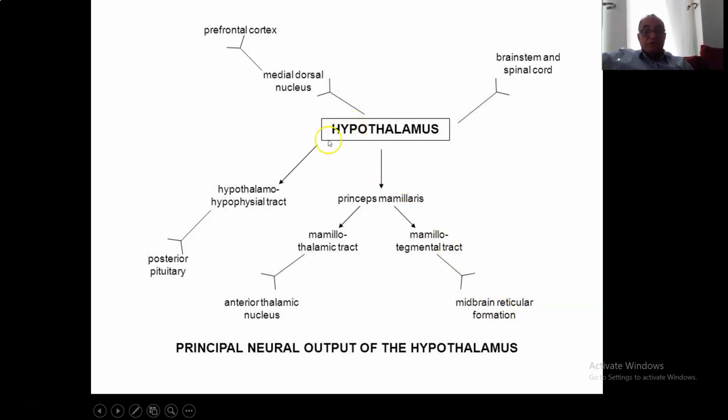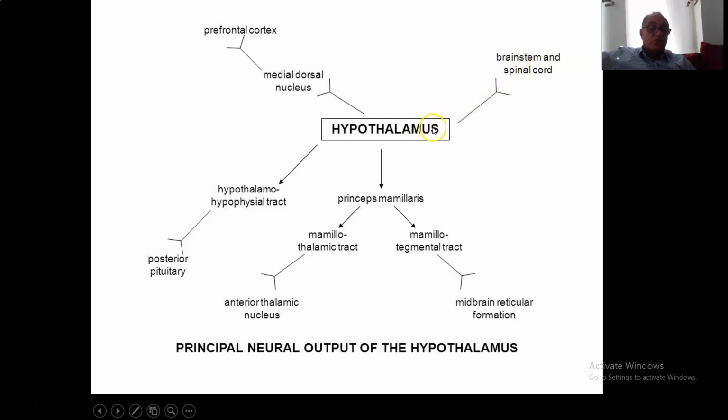There is also the efferent hypothalamo-hypophyseal tract, the factors controlling the secreting hormones and storing them in the posterior pituitary is an efferent also. And also there is efferent from the hypothalamus to the brainstem and spinal cord so that it can control the autonomic nervous system.